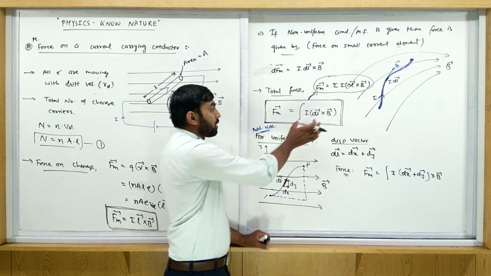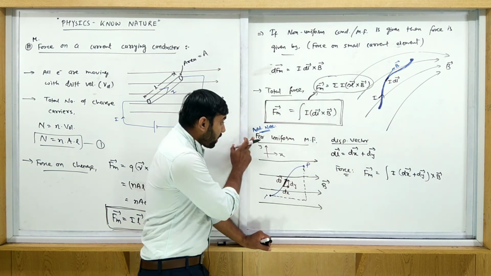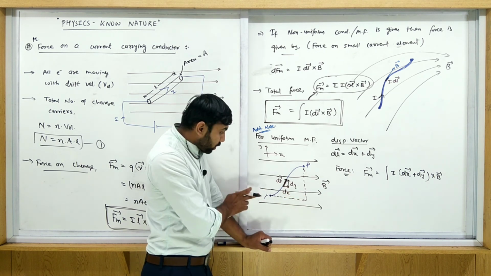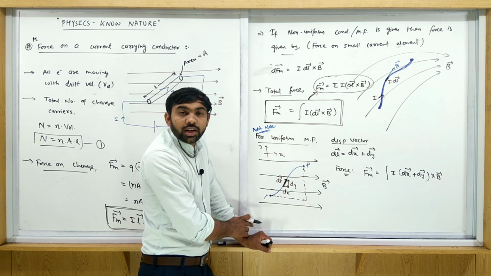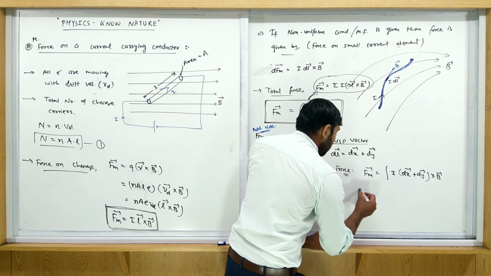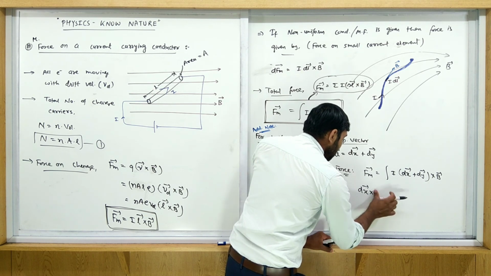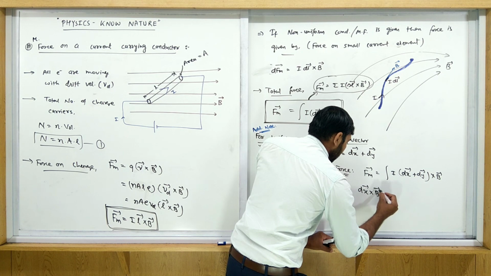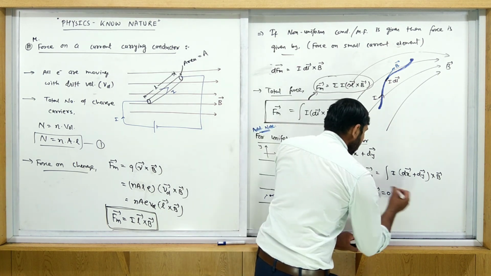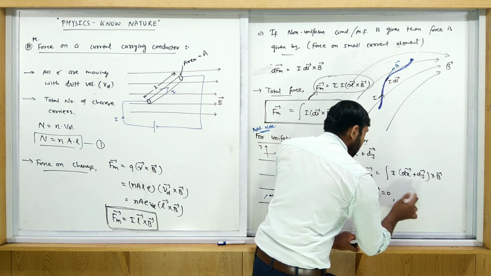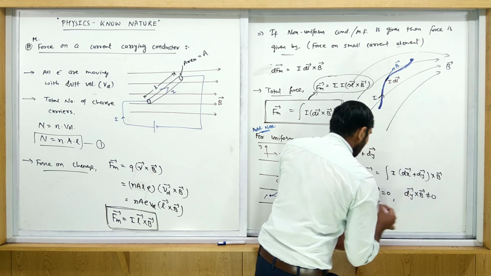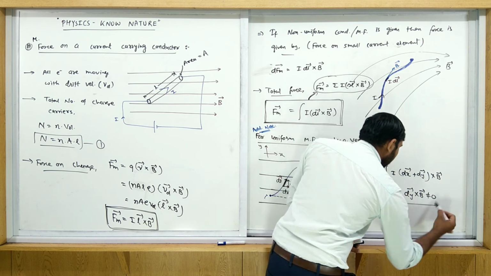For a non-uniform length in a uniform magnetic field, always consider the parallel component's force as 0 and only consider the perpendicular component. So dx cross B is 0, and dy cross B is not equal to 0. This is our final answer.